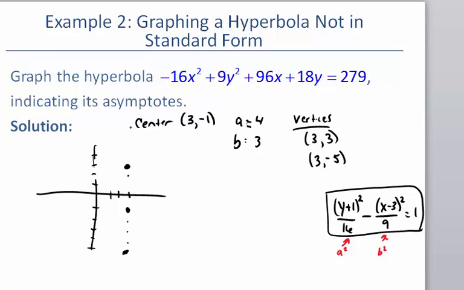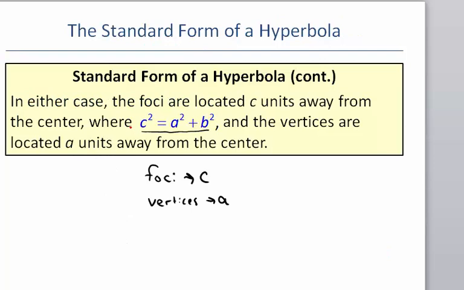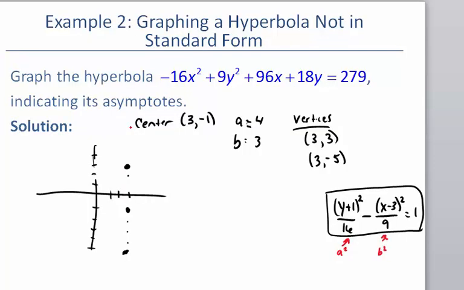Okay, so we can go ahead and do our foci as well. Remember that our a, b, and c are related by this formula. c squared is equal to a squared plus b squared. So my a squared is 16, my b squared is 9.